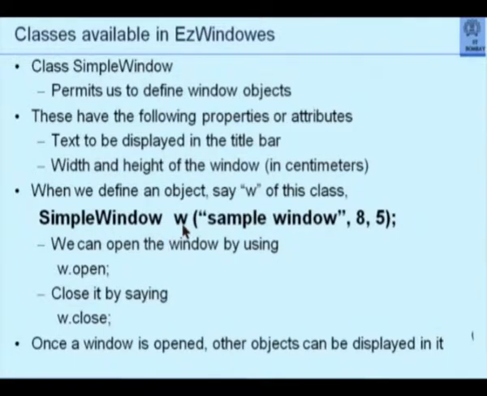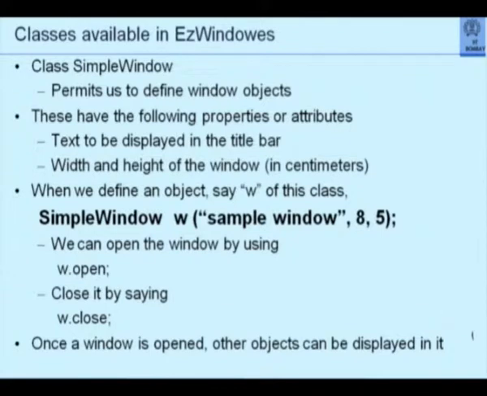Once you define an object called W, all the member functions of that class can operate upon that W. So W.open is a function. W.close is a function. Here I have specified something called width and height, but you can also specify the position where this window should appear. If you don't prescribe the position, there is a default.